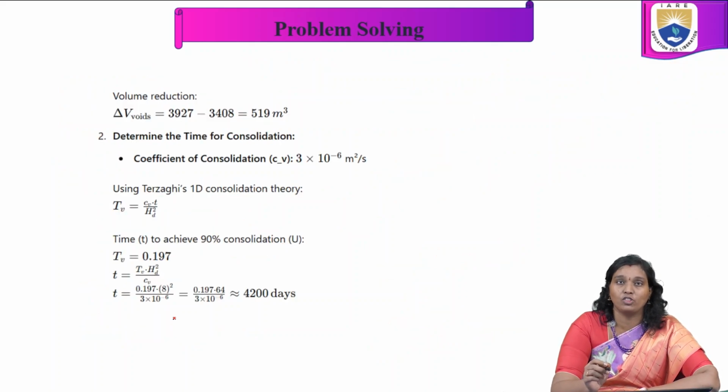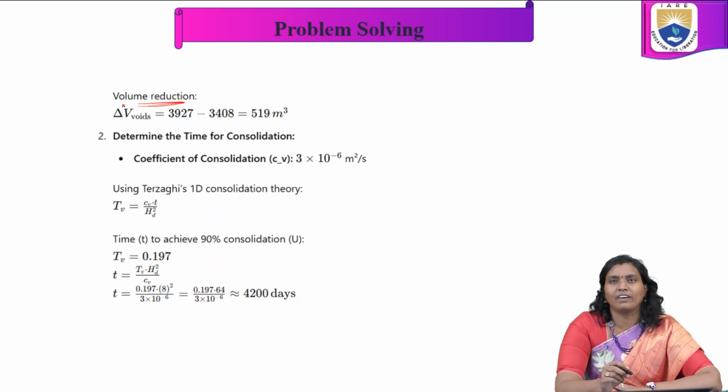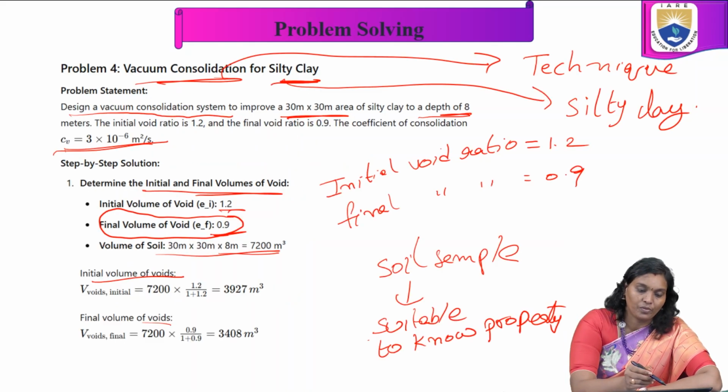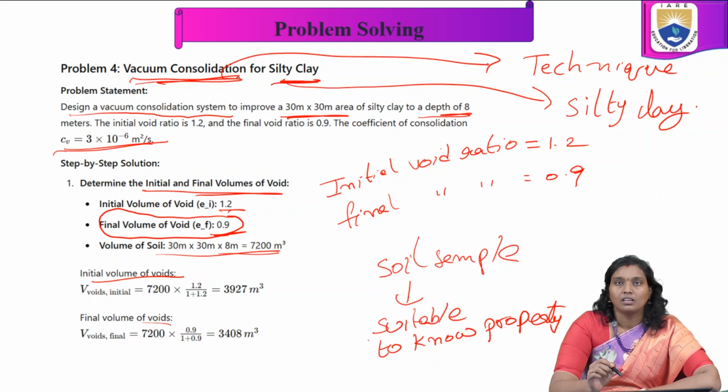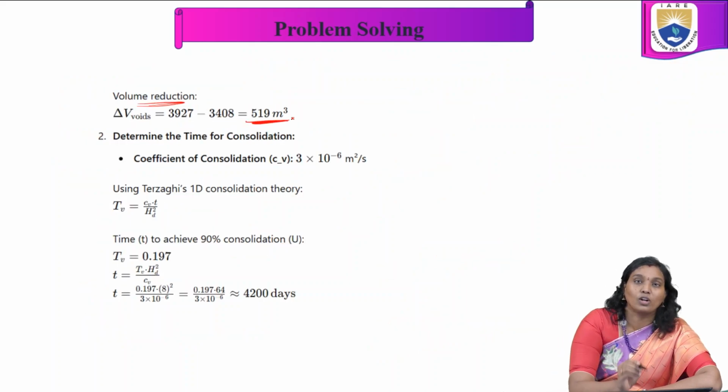The difference between those two gives how much volume we are going to deduct using this vacuum consolidation system.